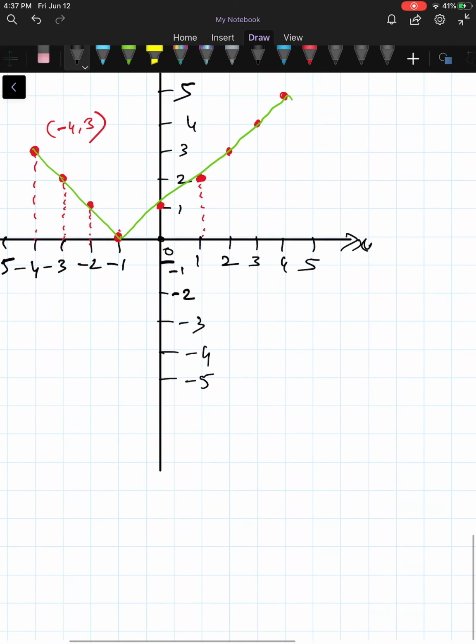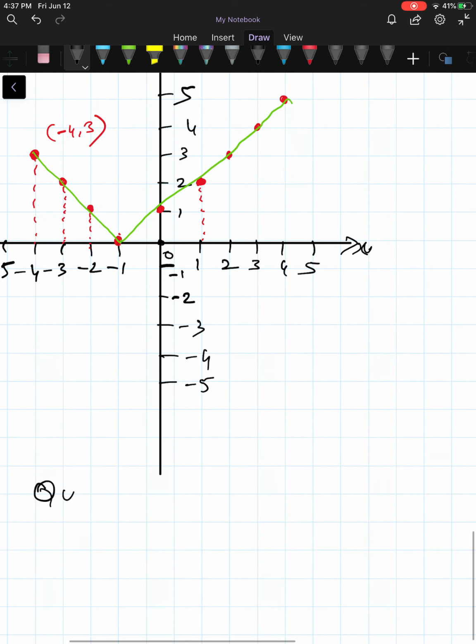Now it's time for your quiz. Quiz 1.9.3.